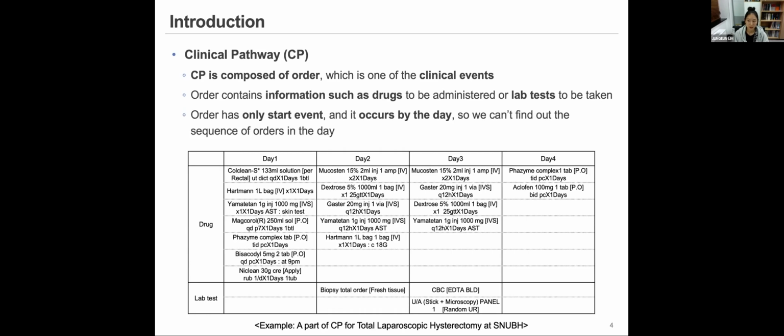However, it defines the set of activities that should be conducted for each day. In the table, the CP is for 4 days, and the drug order shows drug use information, and the lab test shows which test should be taken that day.